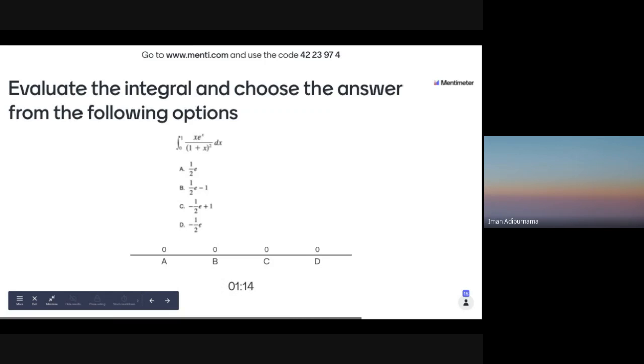So you can try to guess the result of the integration. Not guessing the answer, but guessing the result of the integration first.